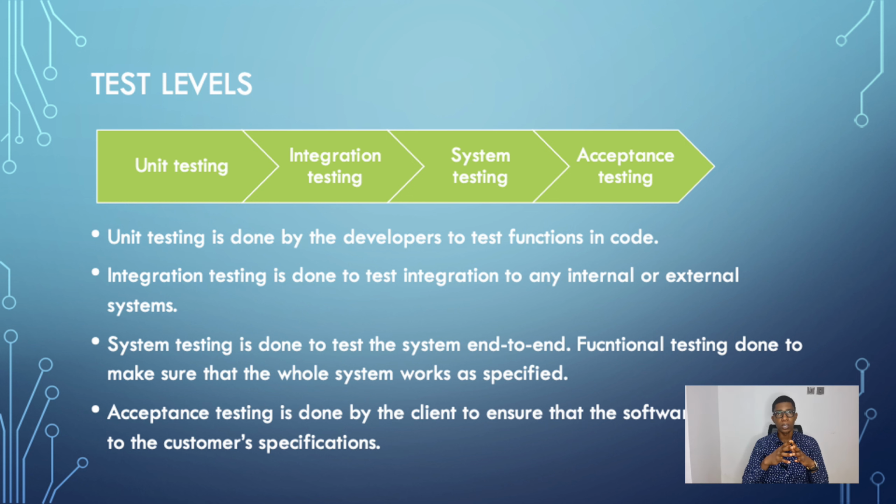It's passed through a unit test to ensure that that function performs exactly what it's supposed to do. See what I did there? Function performs its functions. But yes, unit testing ensures that each of the functions, each of the modules in the code, performs what it is supposed to do properly.